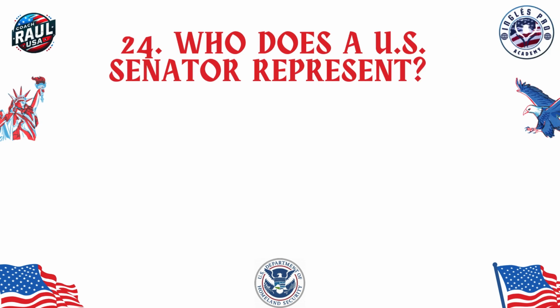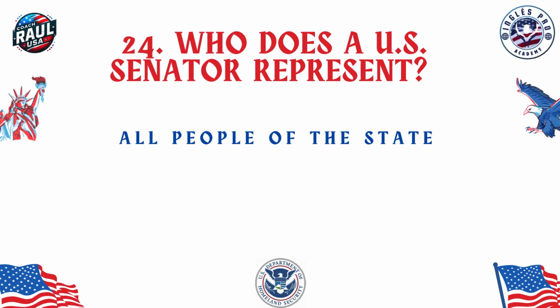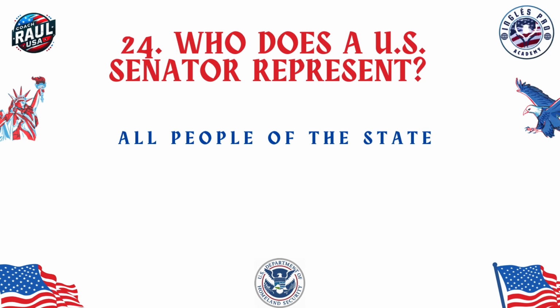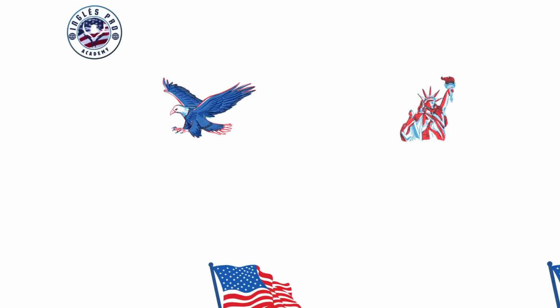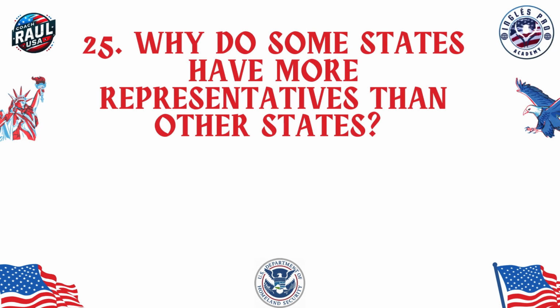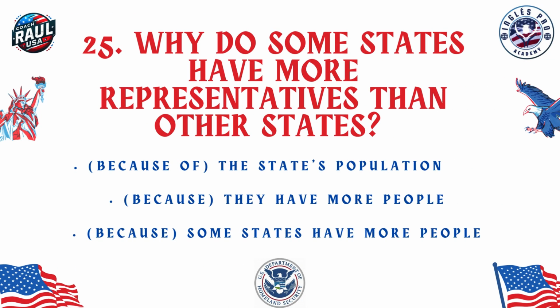Who does a U.S. Senator represent? All people of the state. Why do some states have more representatives than other states? Because of the state's population. Because they have more people.